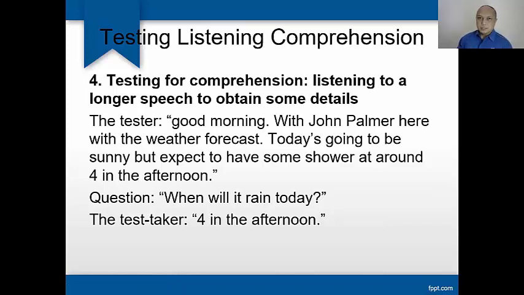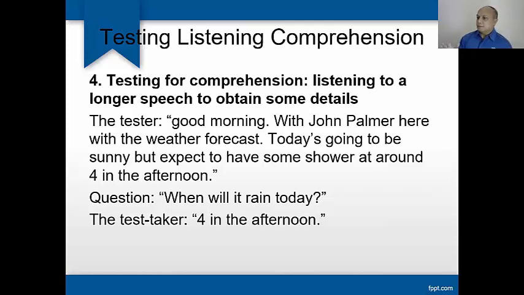Suppose this is a weather forecast from a radio or from a TV. And then the question goes like this: when will it rain today? And the test taker has to write down in the answer sheet, 4 in the afternoon.